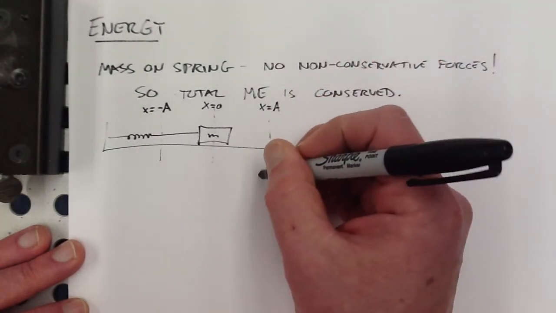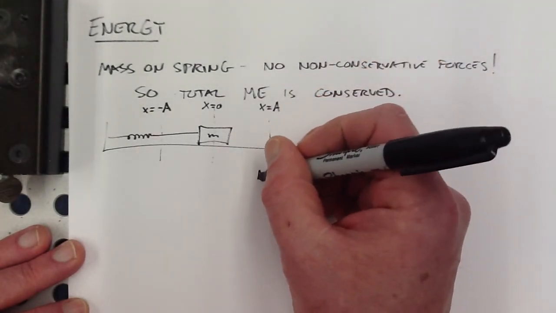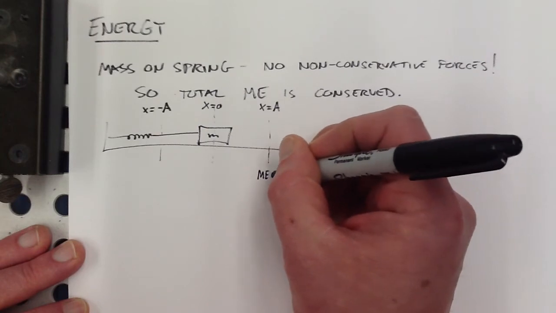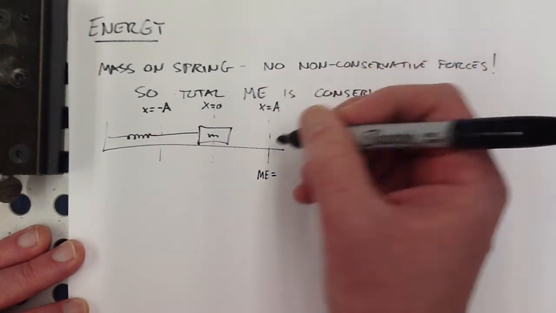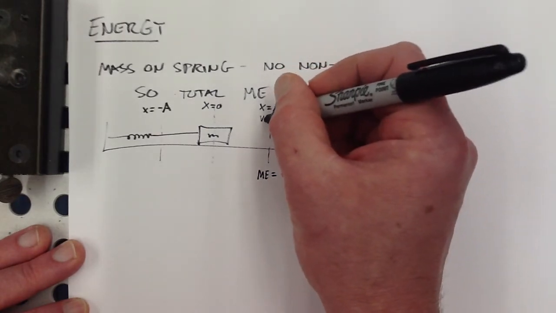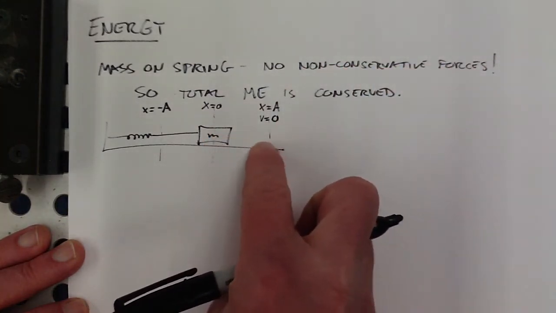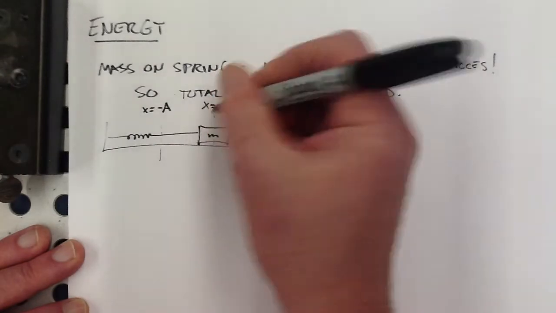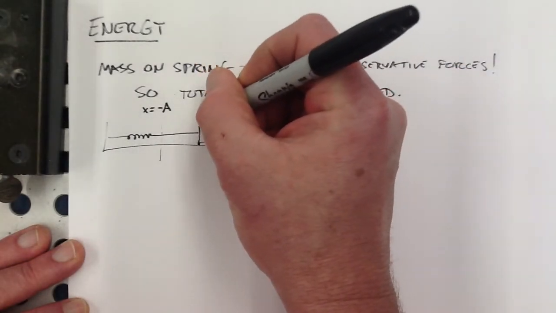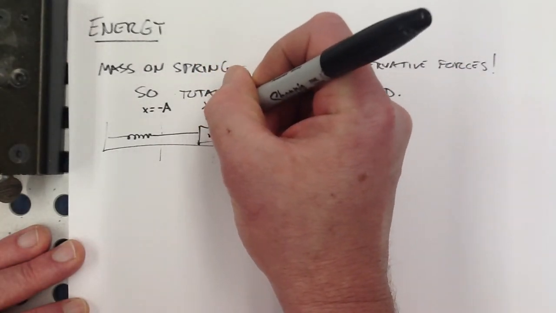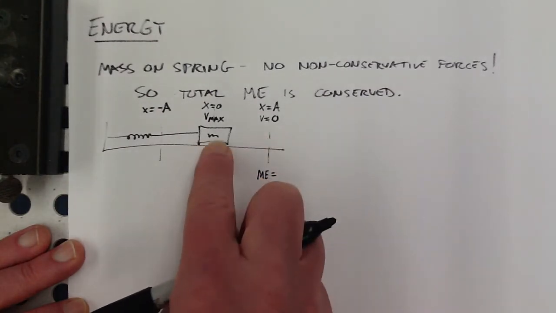Here, the mechanical energy is equal to, at this point right here, the velocity would be equal to 0, because it's turning around. And here, the velocity is at a maximum as it speeds through the center.